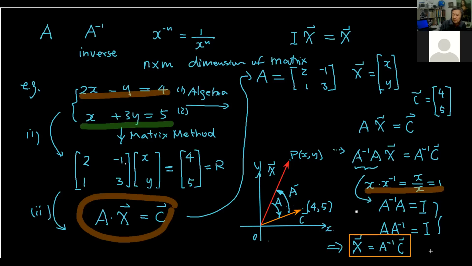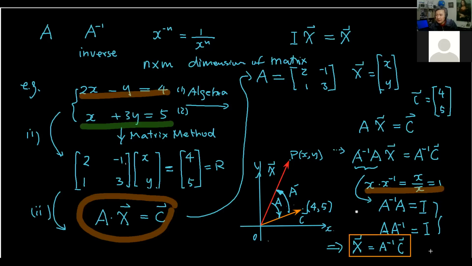Oh, so the benefit of the matrix method is, if you know the inverse, then you can solve directly for x and y, right? That's right. But of course, it costs time when you're actually trying to find that inverse matrix. But in this way, you don't have to go back to the algebra method of eliminating y or eliminating x, or by substitution.